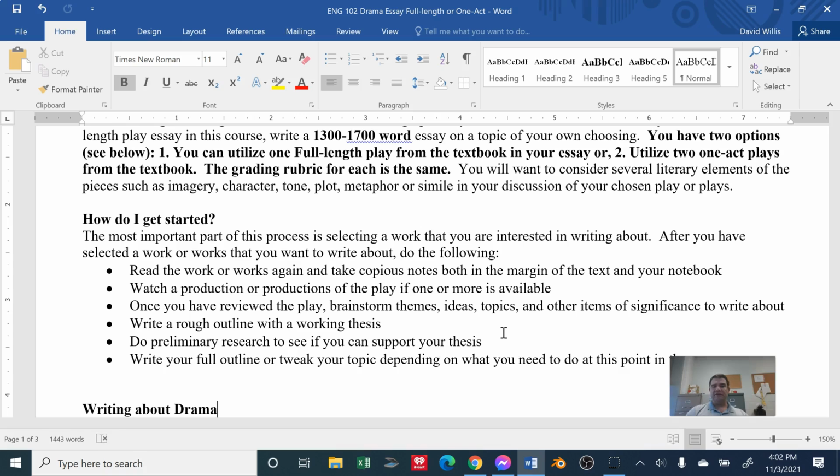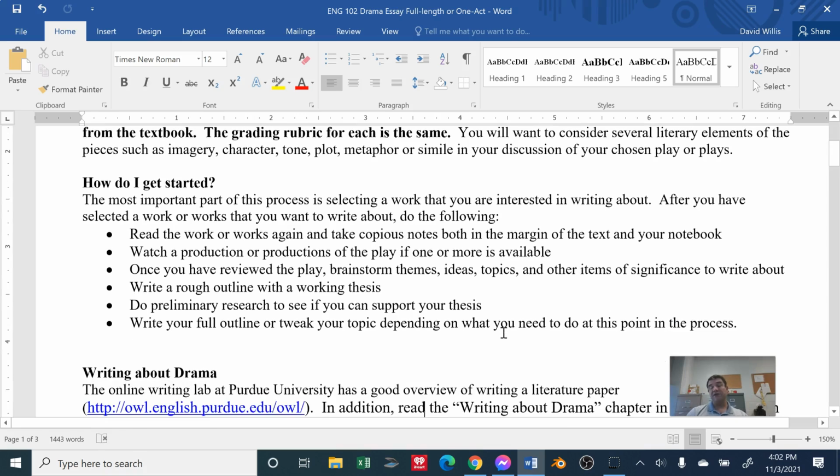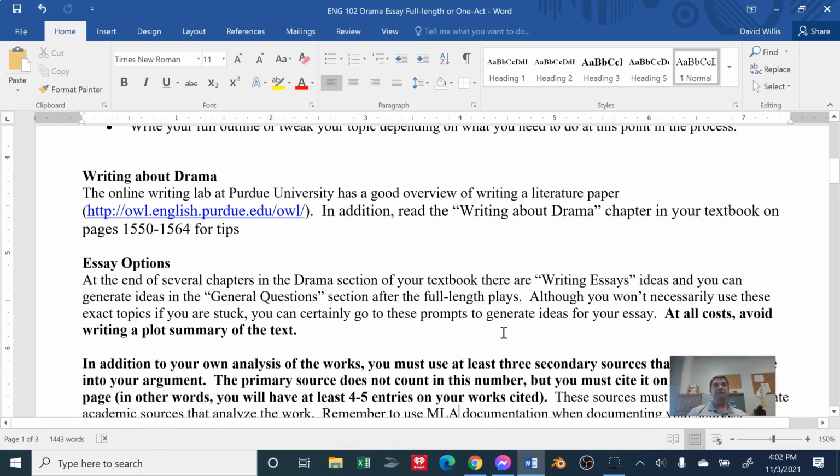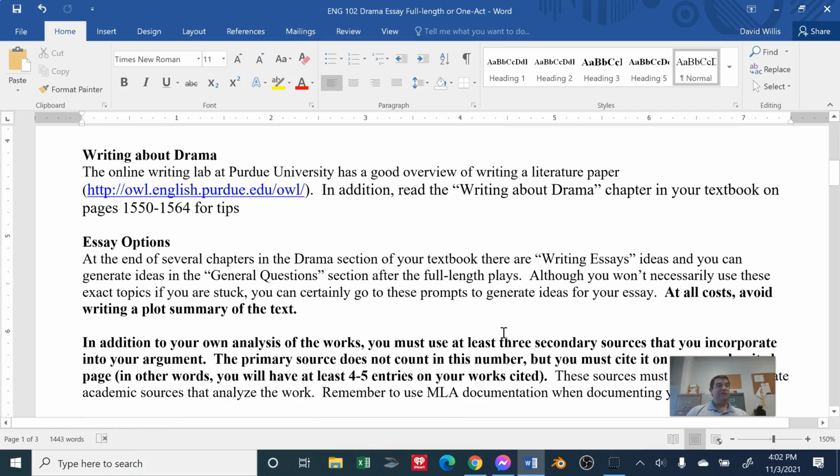Then write your full outline or tweak your topic after you've done some research, depending on what you need at this point in the process. You might actually find that something you're trying to say about the play is a little bit off base or you didn't read something carefully enough. But that's a good thing. That means that your research saved you from an interpretation of the play that the play doesn't support.